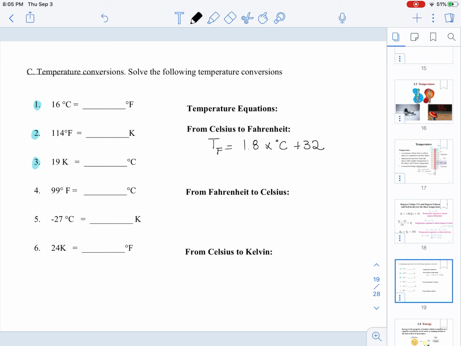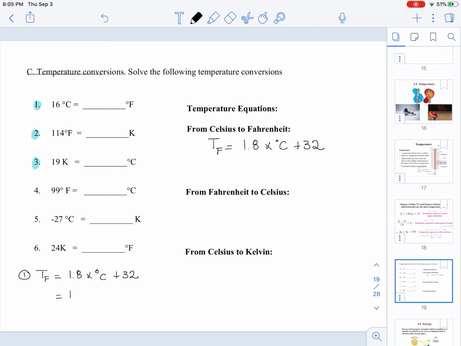For doing problem 1, I'm just going to do it in the bottom of the slide. For problem 1, I'm going to write my equation. Temperature in Fahrenheit equals 1.8 times degrees Celsius plus 32.